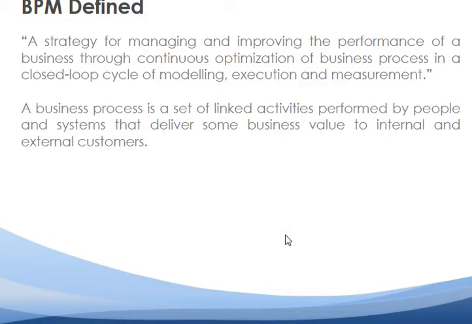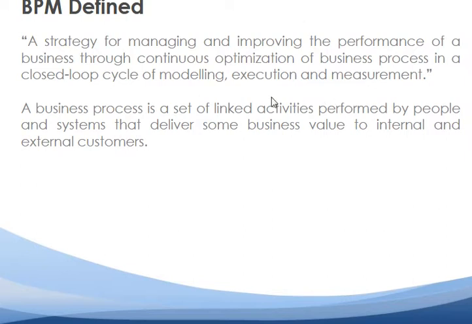Now coming back to the BPM defined, it is a strategy for managing and improving performance. It is basically a closed loop cycle, and modeling, execution, and measurement are three characteristics of it.